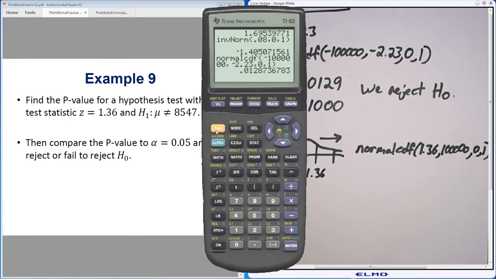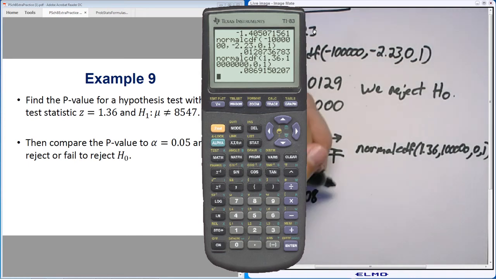Second VARS is number 2. We get the answer. Here's the p-value. The p-value is approximately 0.0869.